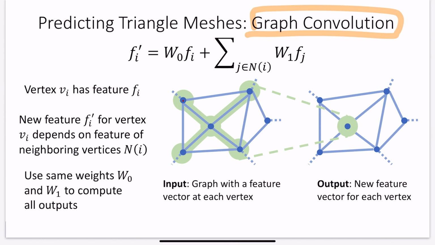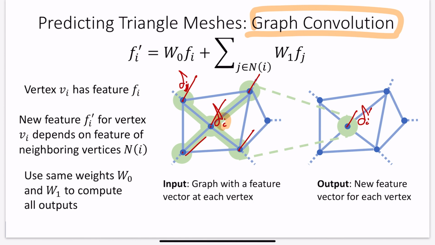This is a mesh representation, and suppose that each vertex has a feature vector, let's say f_i or f_j. The idea of graph convolution is, given a set of vectors, let's say f_i, we want to make a new embedding, f_i prime.